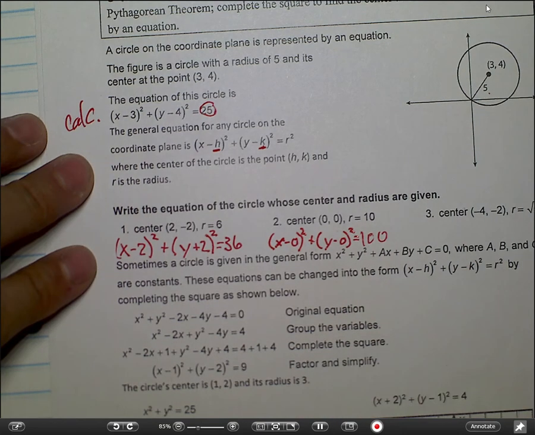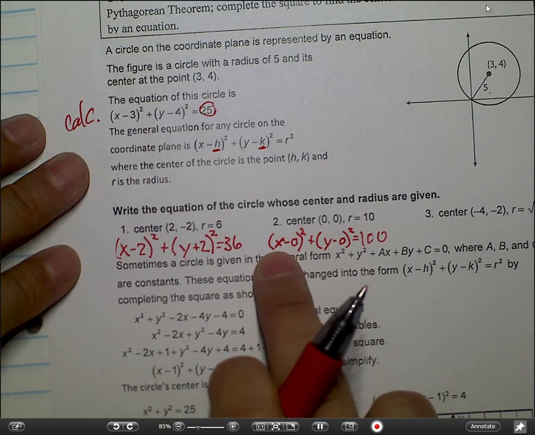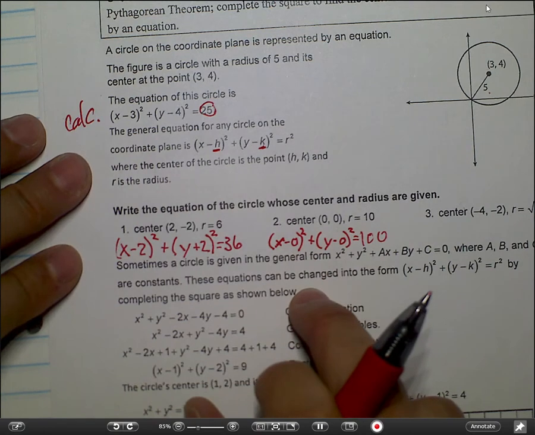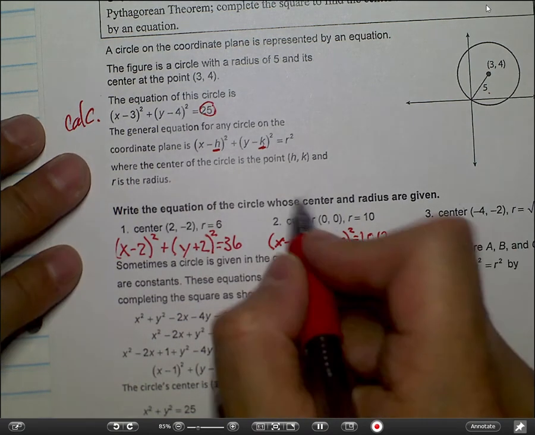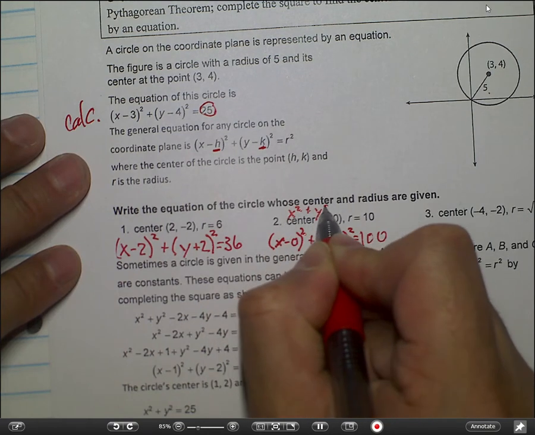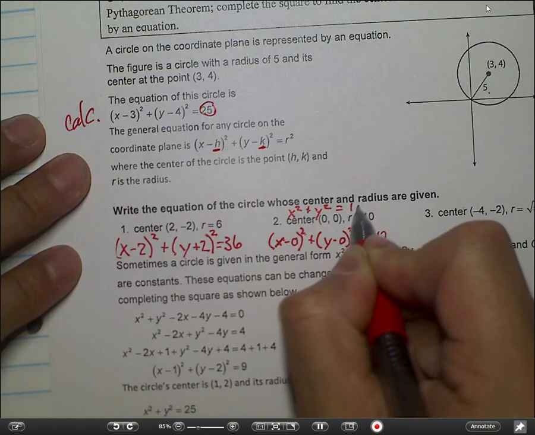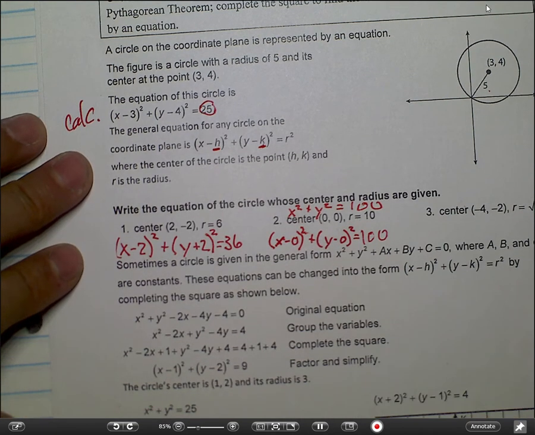Now there's another way of rewriting it because I have a 0, right? What is x plus 0? Just x, right? So I could rewrite it as just x squared plus y squared equals 100. So that would be another way of writing it.